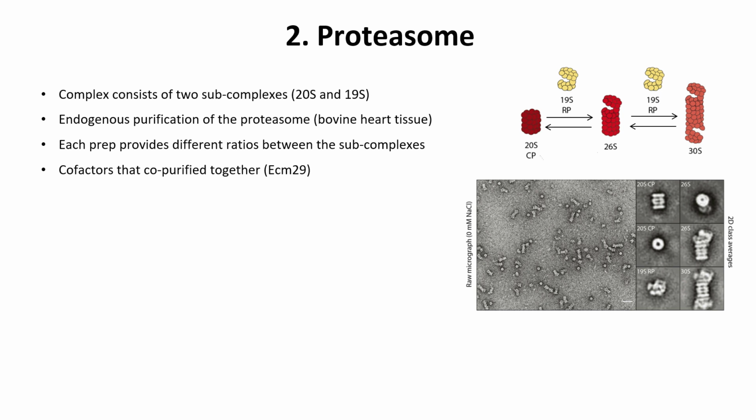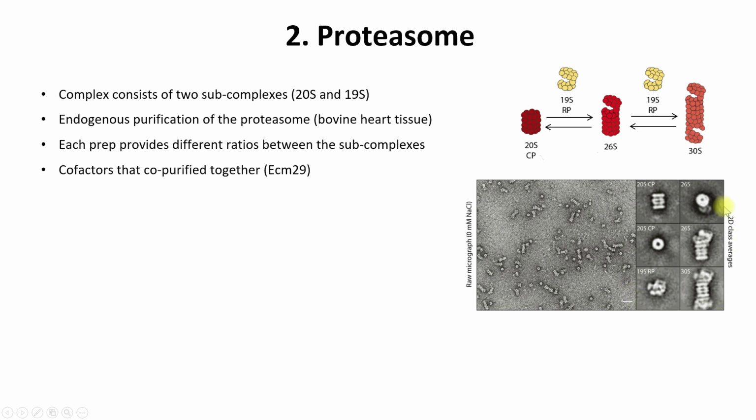Since it's an endogenous purification, you also co-purify several cofactors. Specifically, we are talking about ECM29, a cofactor that helps with the connection of 20S and 19S. And here you can see a nice micrograph of the proteasome, where you can see the different subcomplexes.